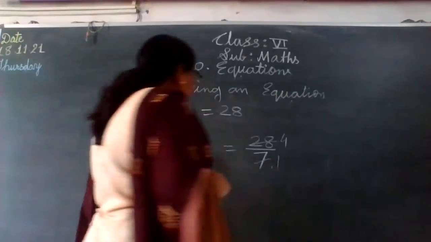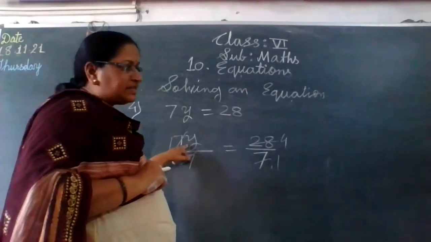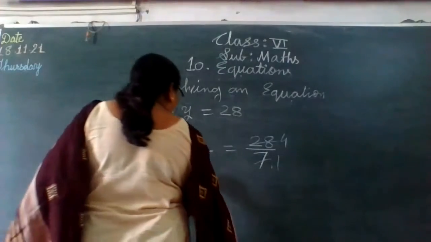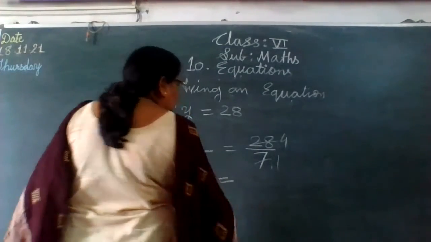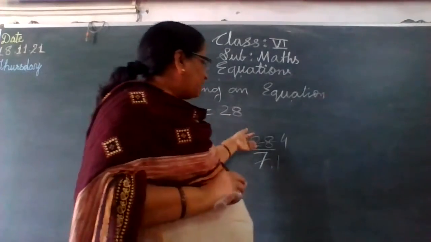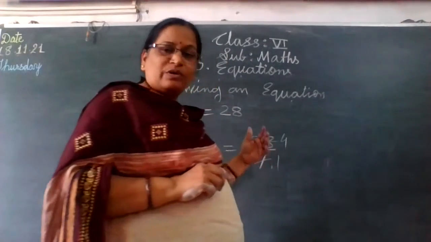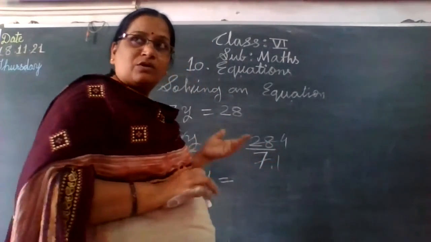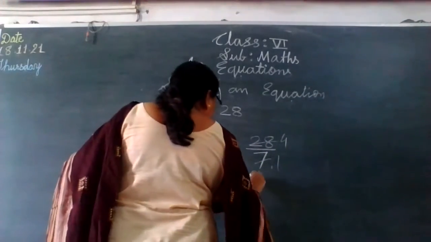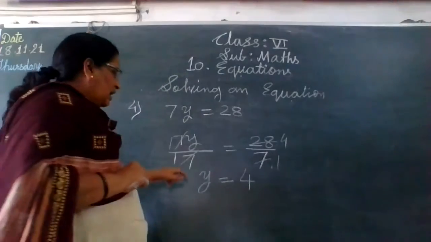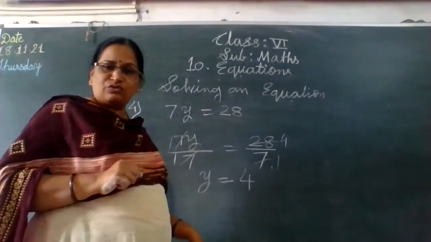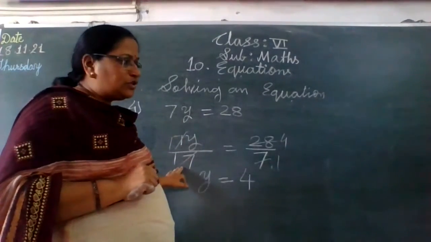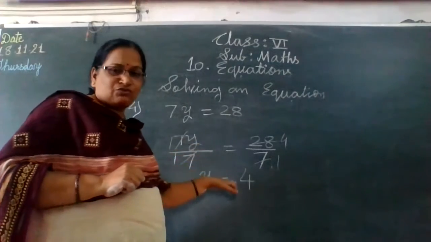So what is left in the left hand side? Only y. So y equals to, what is left in the right side? 4 upon 1. 4 upon 1 means 4. So here we find the value of the equation, y equals to 4. So the solution to this equation is 4.